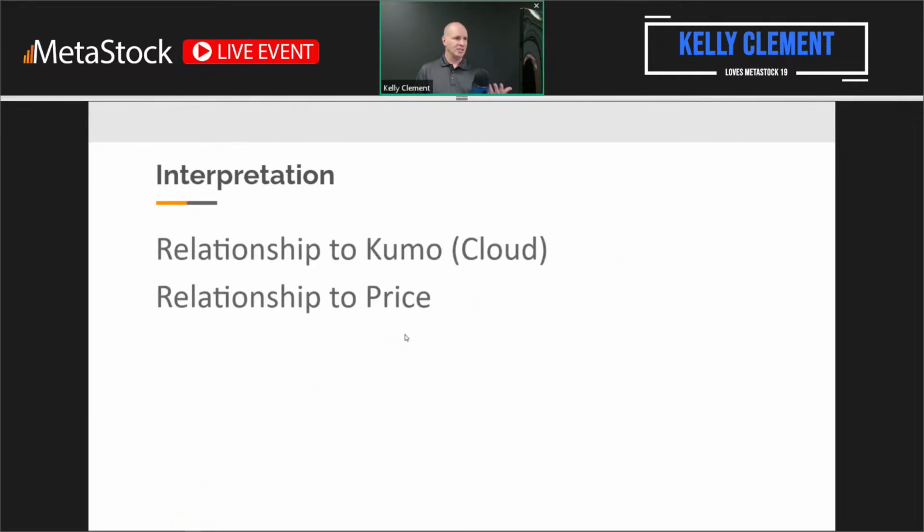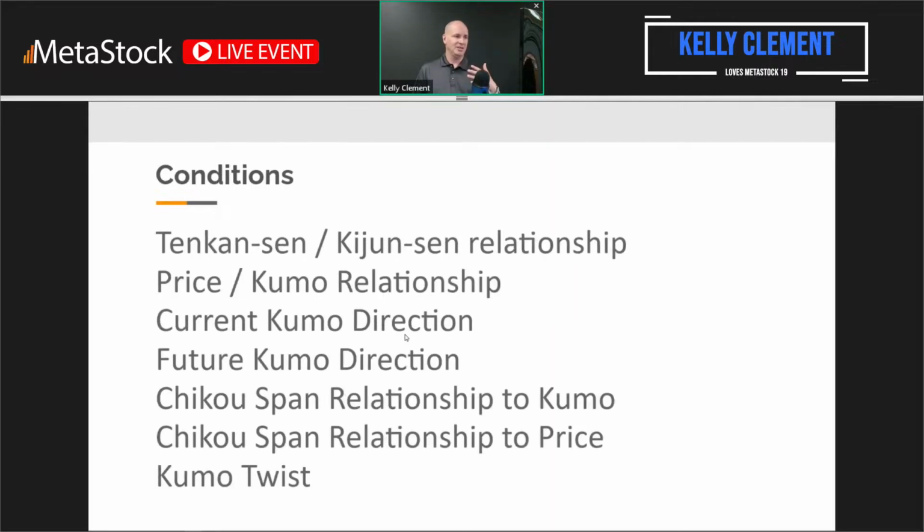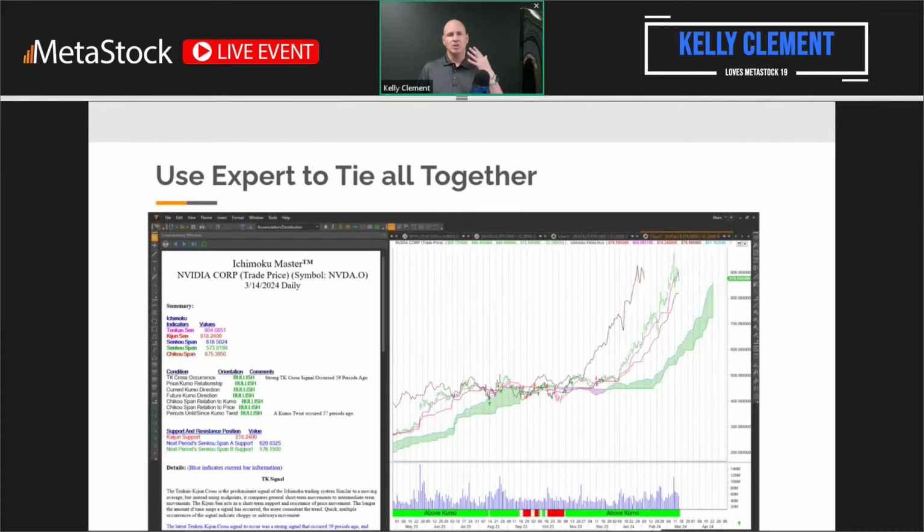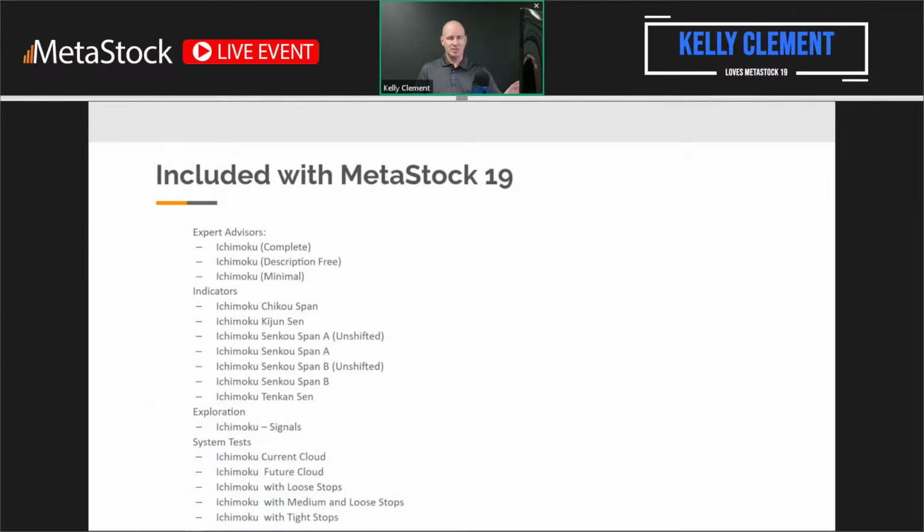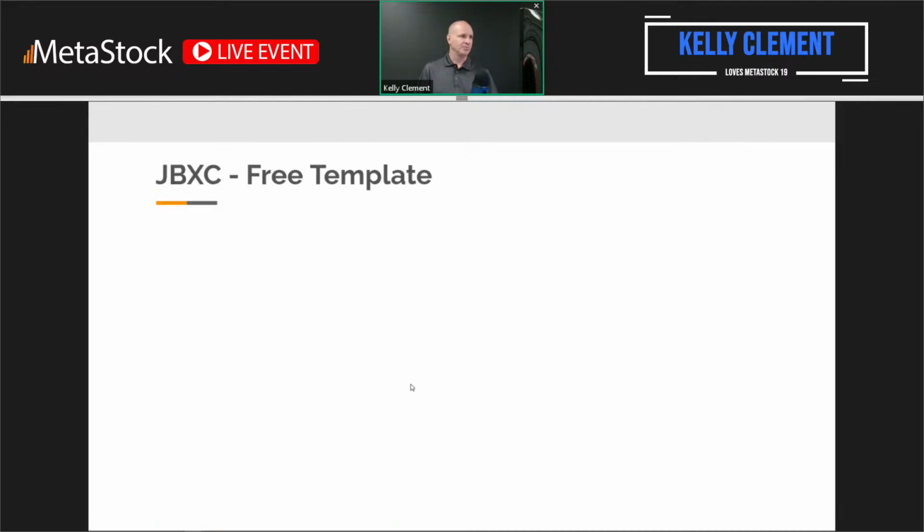But for now, if you trade the Ichimoku, or you're interested in learning about it, go check out this expert advisor. You can scan on any of the setups that the Ichimoku provides, so you can look for cloud reversals, future clouds, all kinds of things.